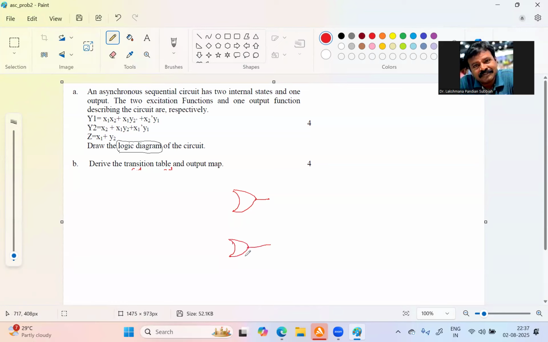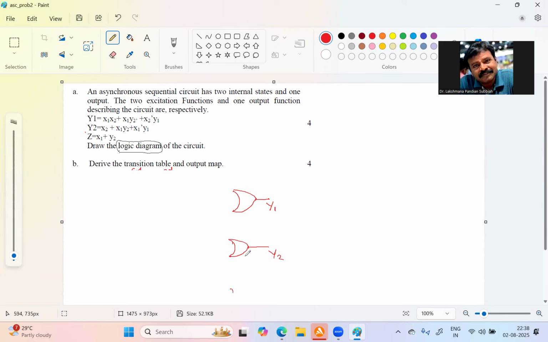This is Y1, this is Y2. Then one output is set with x1, y2.